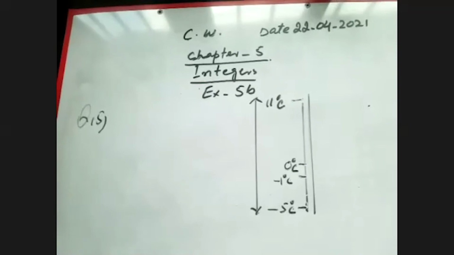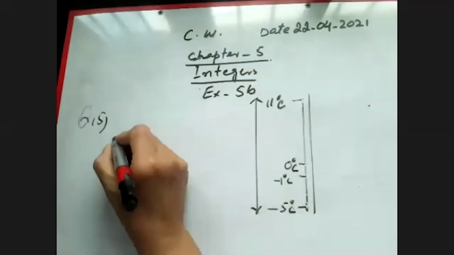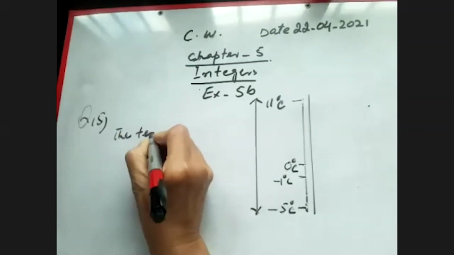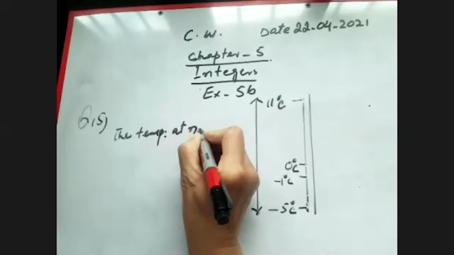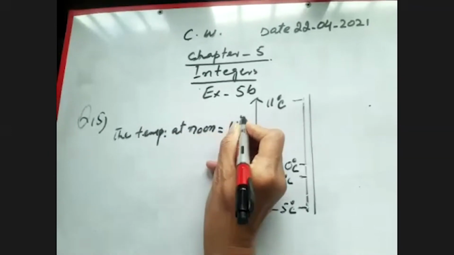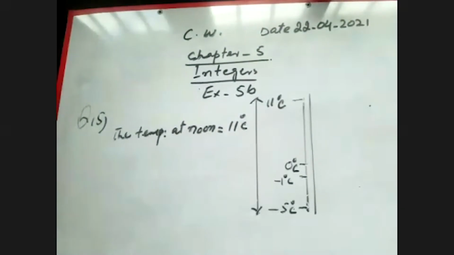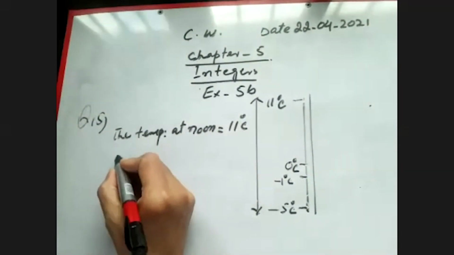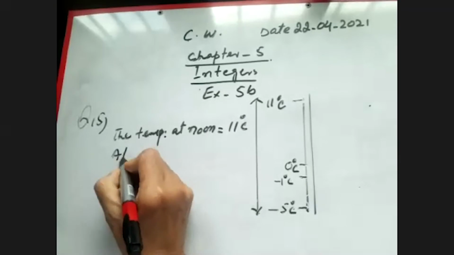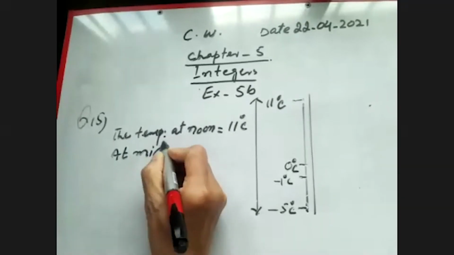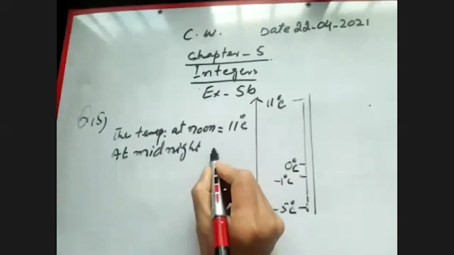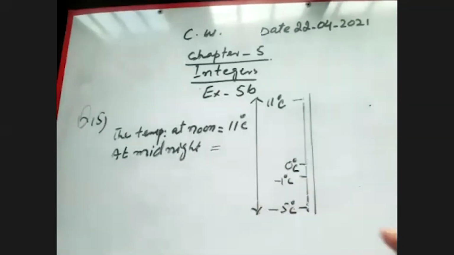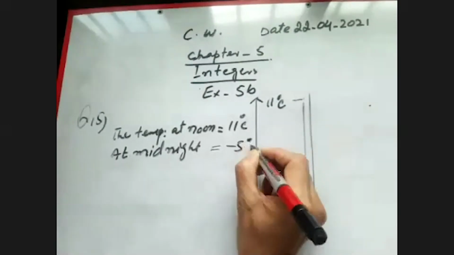So now you have to solve. The temperature at noon is 11 degrees centigrade. At midnight, the temperature fell to minus 5 degrees centigrade.